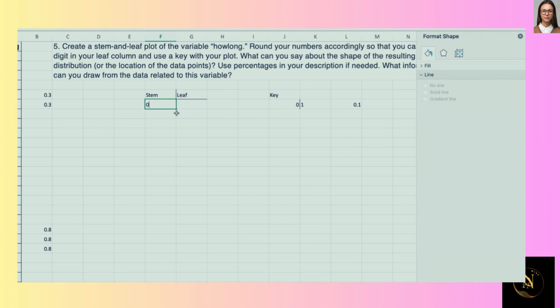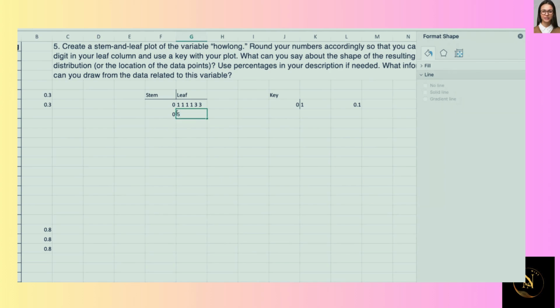So I have 0, and then I have 1 space. There's 4 ones, 2, 3, 4. And then 3, 3. And then I'm going to move on to 0.5.